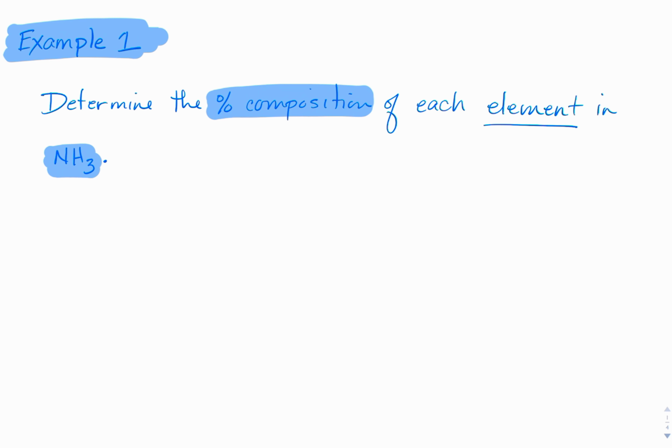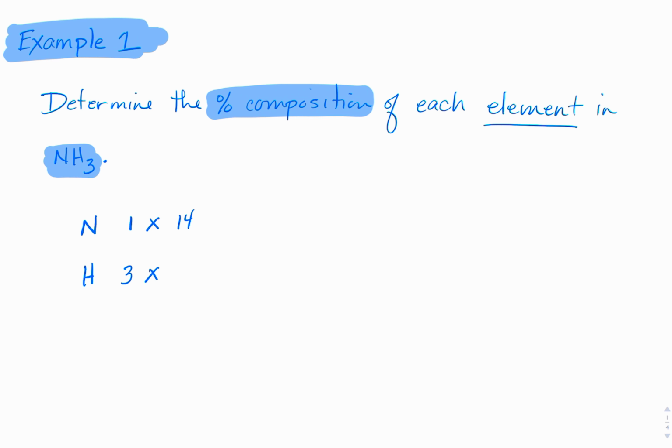So how to calculate percent composition? What you do first is determine all of the elements that happen to be in the substance and figure out how many of those atoms happen to be of each element in the substance. So there's 1 nitrogen and 3 hydrogens, and multiply them times their respective average atomic mass unit from the periodic table.